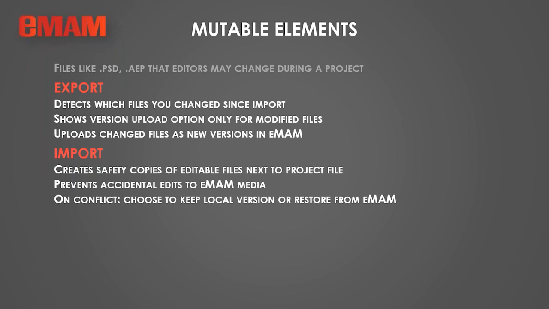On import, we have also introduced a safety copy mechanism, so that it can prevent accidental modification of media managed by EMAM. If a conflict occurs between the local and server versions, the user can decide whether to keep their changes or restore the version from EMAM. This gives editors greater flexibility while maintaining version control.